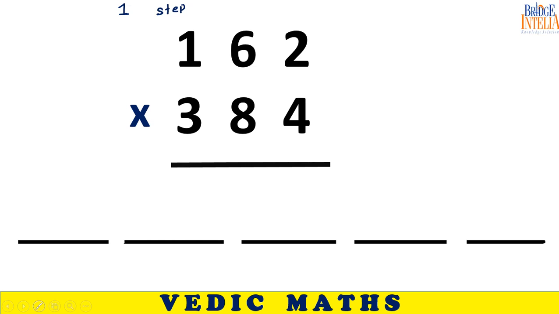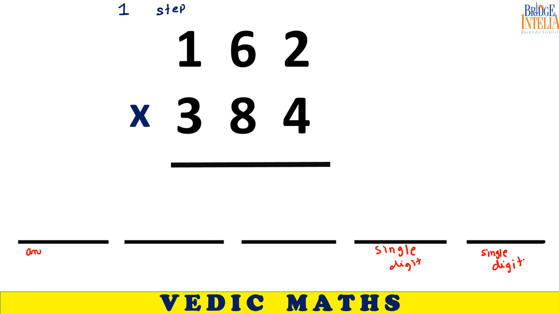Now what is special about these 5 blank spaces? All these blank spaces are made to accommodate a single digit. That means you can write only one digit in one blank space, except the first.